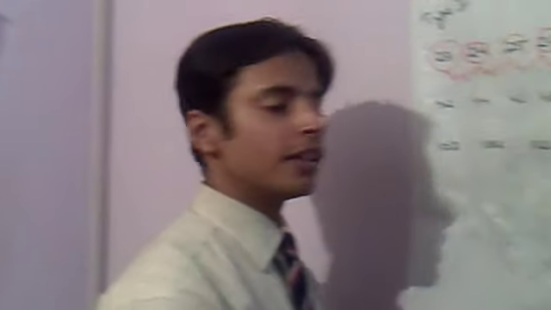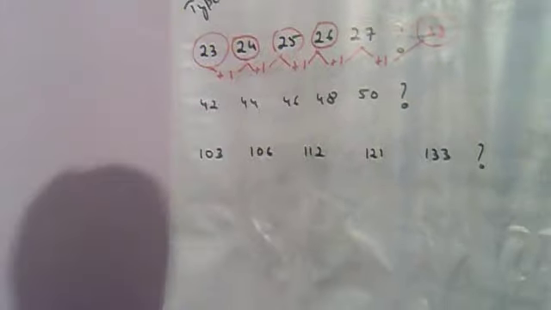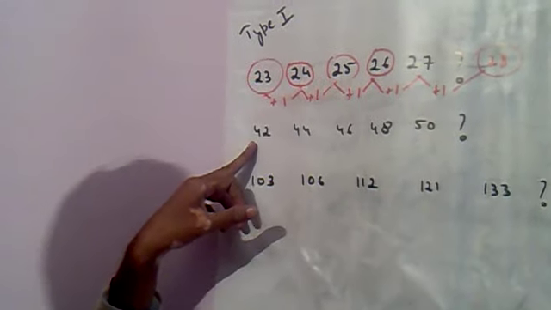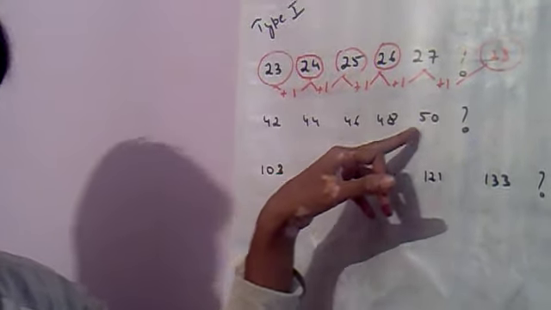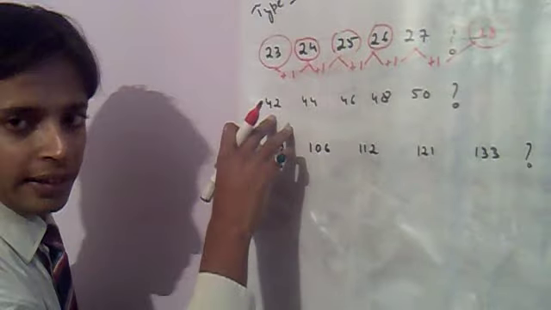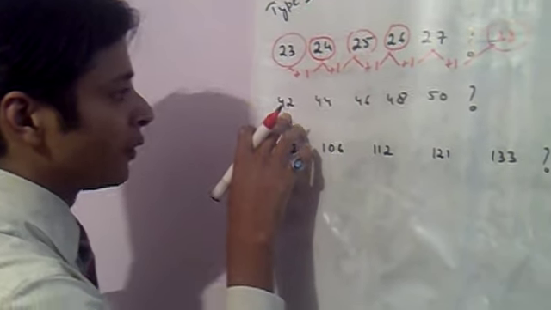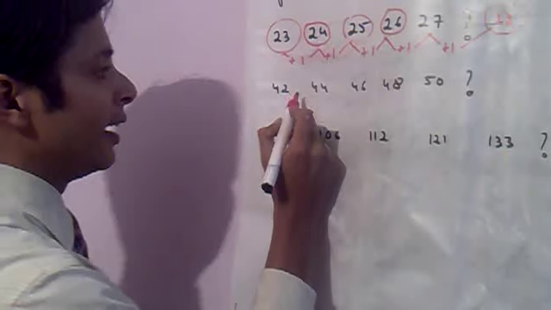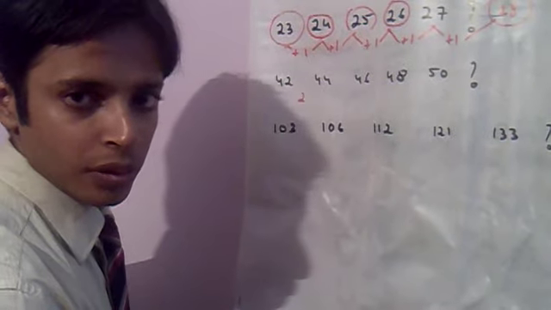Okay, let's go on to another question. 42, 44, 46, 48 and 50, and then there is a question mark. The first requirement of this series is that I check by subtracting. First of all, I'll subtract the first number from the second number. Over here I get 2.